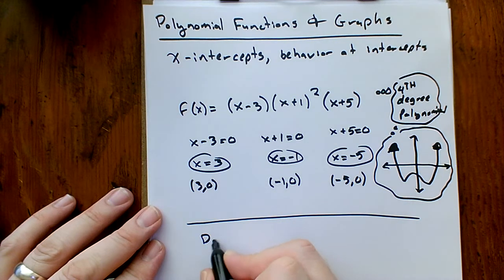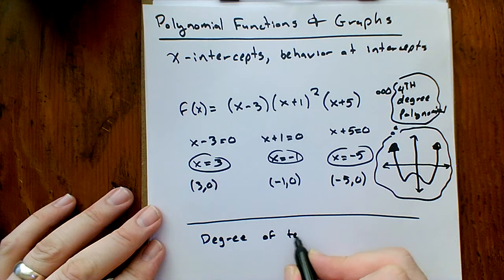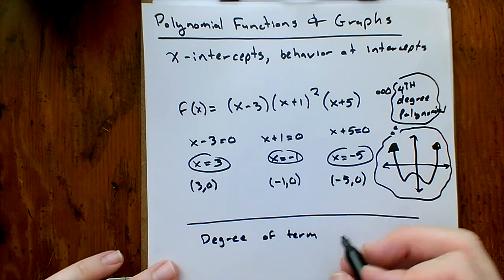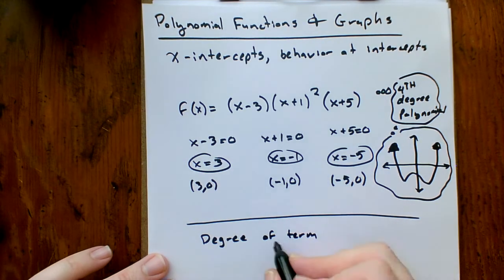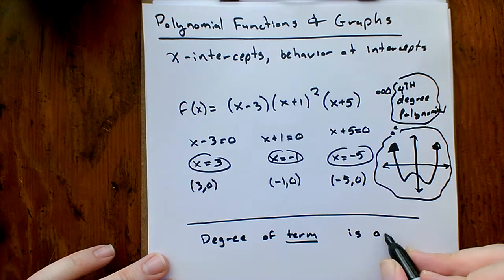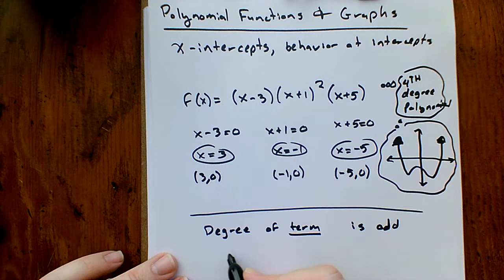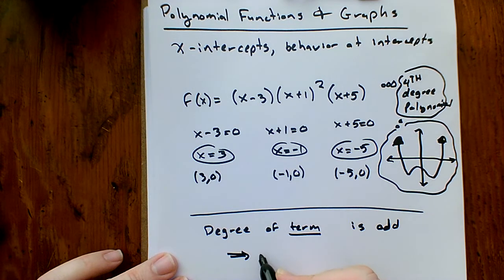So if the degree of the term, or the degree of the zero, is odd, then what happens is the graph will cross the axis.